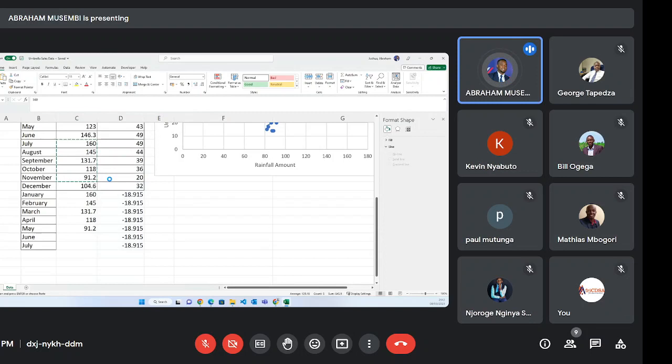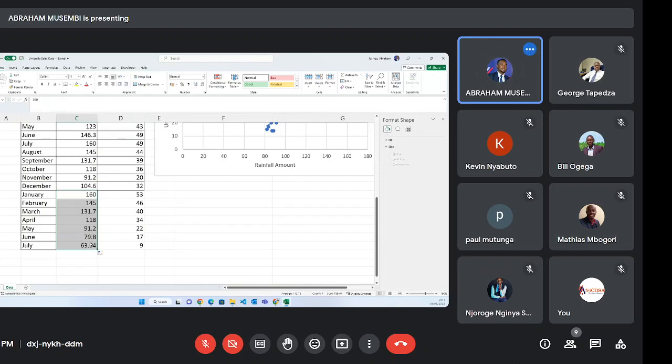If you paste them, you can see we are getting the number of umbrellas, and this, of course, you will have to round off. So with this, you can do a prediction given the value of rainfall. You can know the possible amount of umbrellas which you will sell.